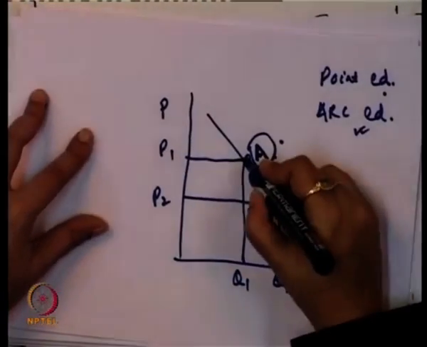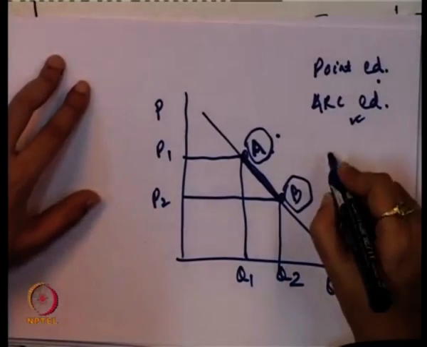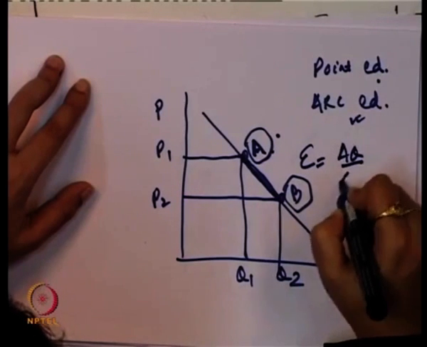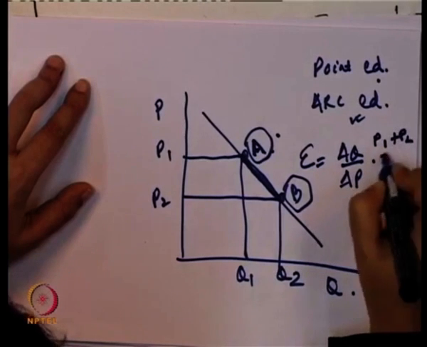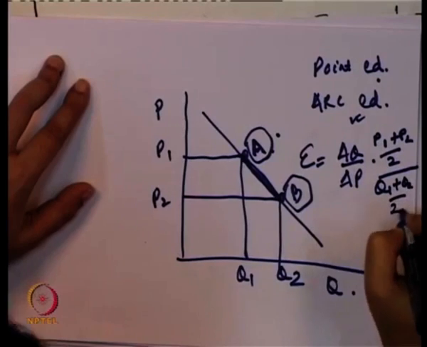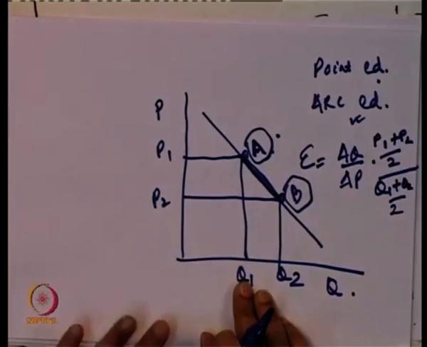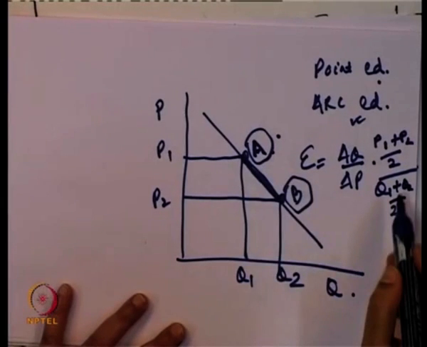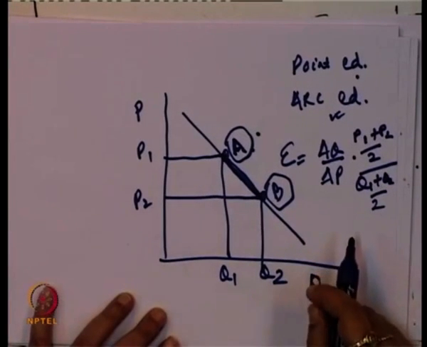So, if you are calculating between A and B, in this case to calculate the elasticity of demand we require del Q by del P multiplied by (P1 plus P2) by 2 and (Q1 plus Q2) by 2, because since we are calculating in a segment we need to take the average price between both the points when we are considering what is the original P and original Q before the change in the price.